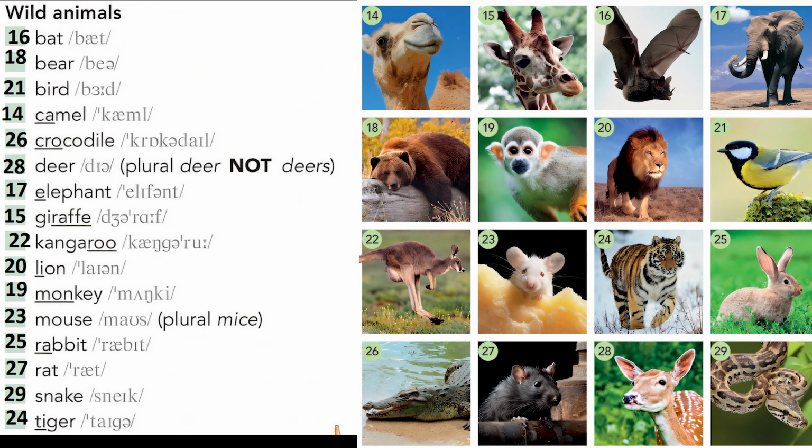Elephant. 4. giraffe, 30. Kangaroo. 9. lion, 18. Monkey. 24. mouse, 7. Rabbit. 33. rat, 17.